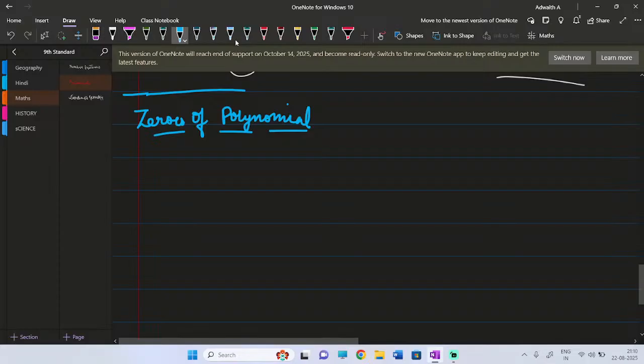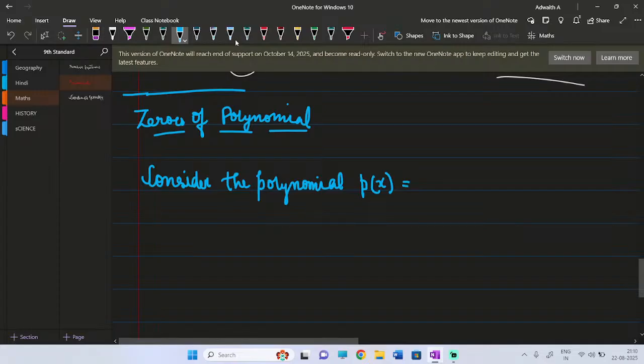So I'm going to start with the definition. So if you consider the polynomial P of x, or P of a, anything.